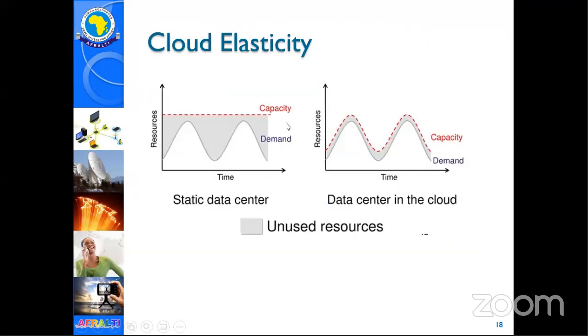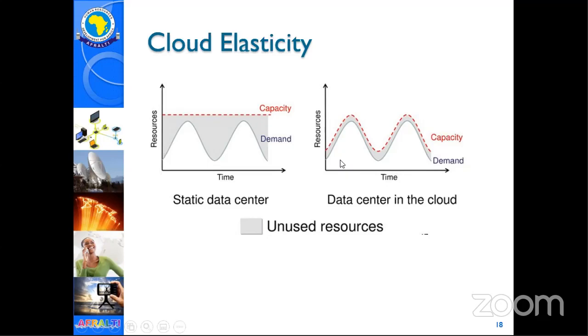Now, by cloud elasticity, this is what I mean, that if you have a static data center, you might have to buy servers maybe that can supply that capacity in RAID, but this is your demand. Yeah, it varies during the day or during the month or over the year. So there are instances where your capacity will be idle and you still have paid for that anyway. In fact, you'll have paid for it upfront.